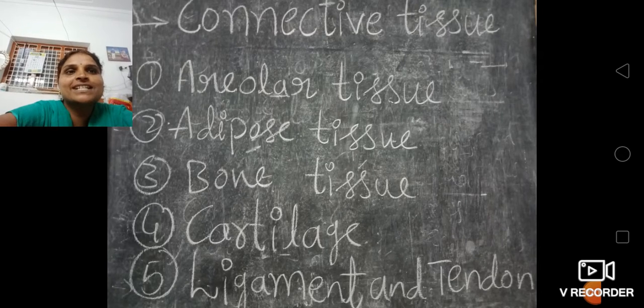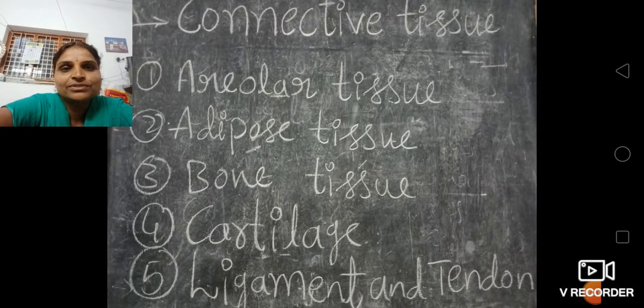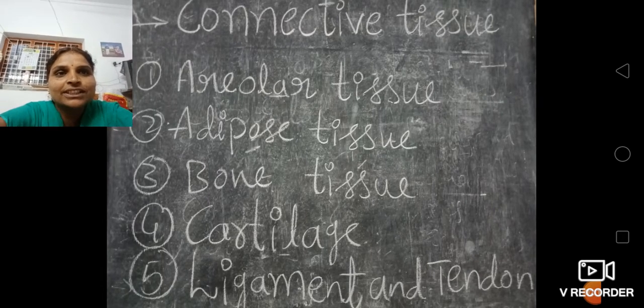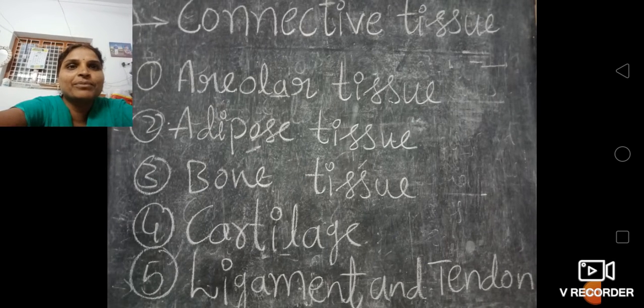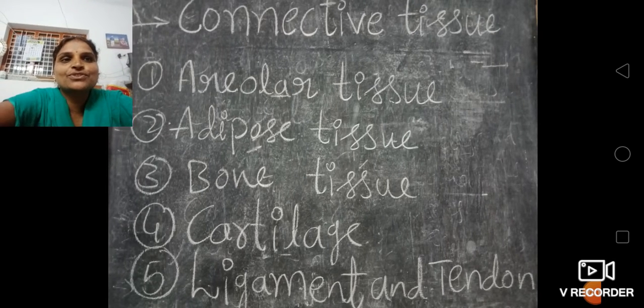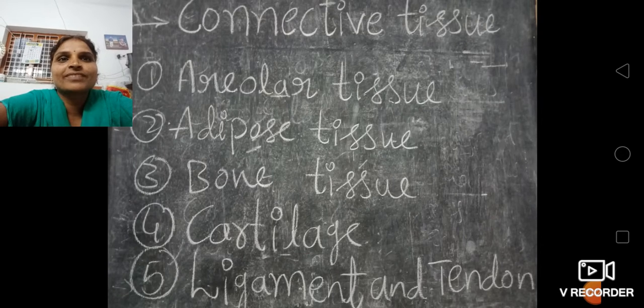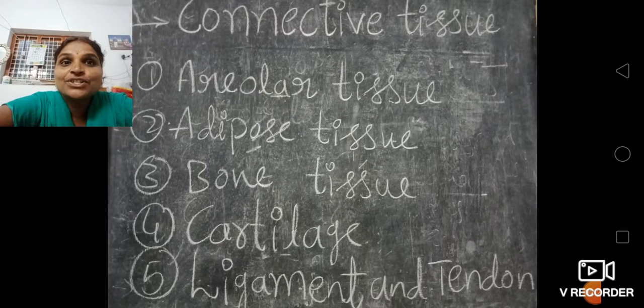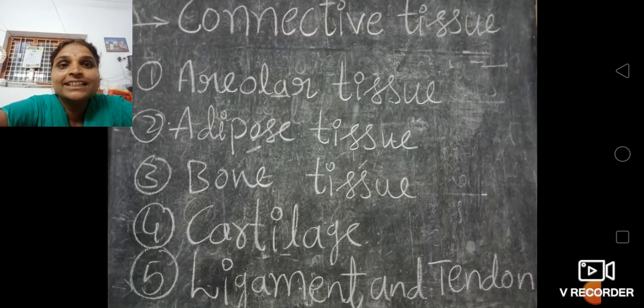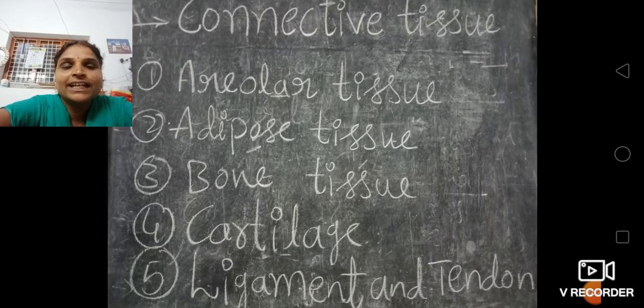The first one is the areolar tissue. What is the areolar tissue? Areolar tissue is one type of connective tissue which joins different tissues. It helps in packing and helps to keep the organs in place. These cells are called fibroblasts.